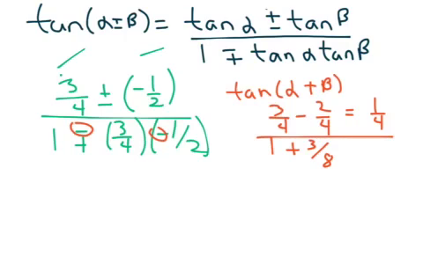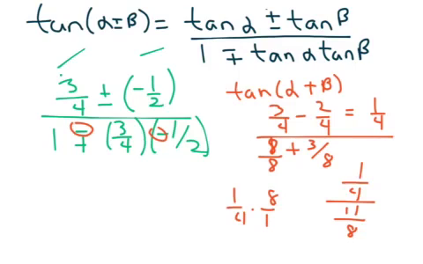So what I do when I have a 1 here, I just change this to 8 over 8. So we basically have 1/4 over 11 over 8. When you simplify this, this is 1/4 times 8 over 11. So that gives us 2 here. So my answer is 2 over 11.